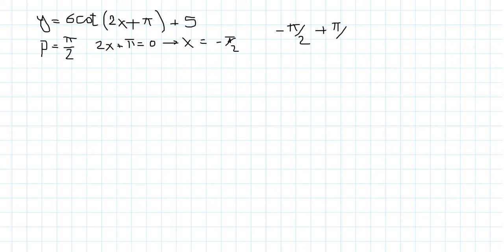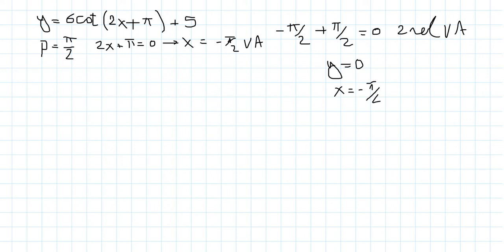P is pi over 2, so it is 0, the second vertical asymptote, and this is the first vertical asymptote. And I know at x equals minus pi over 4 I have the intersection with the x-axis.